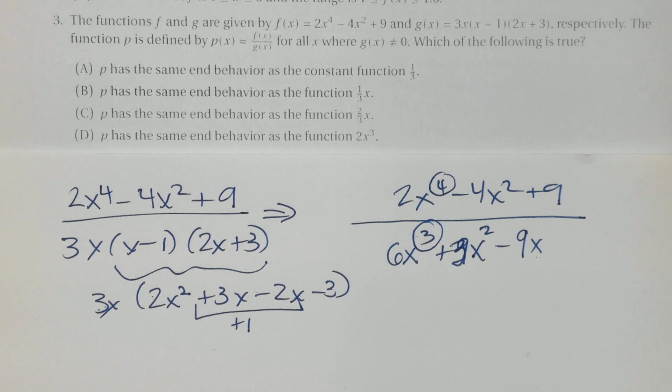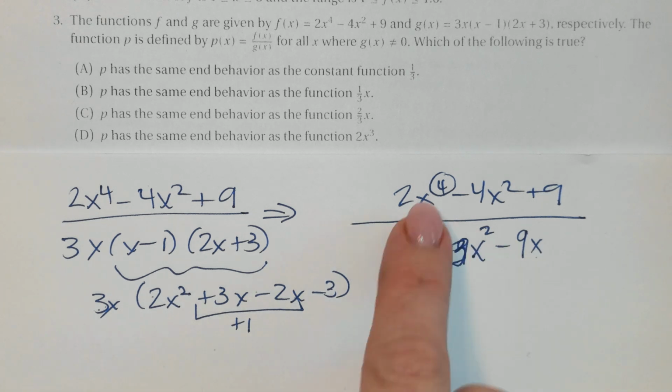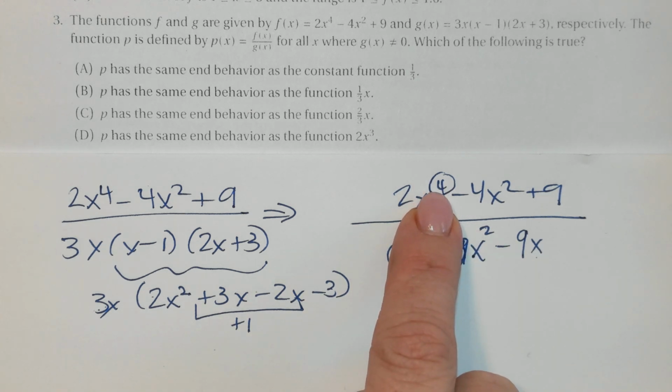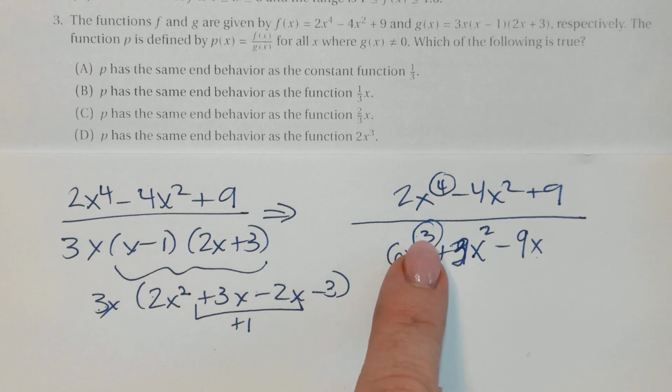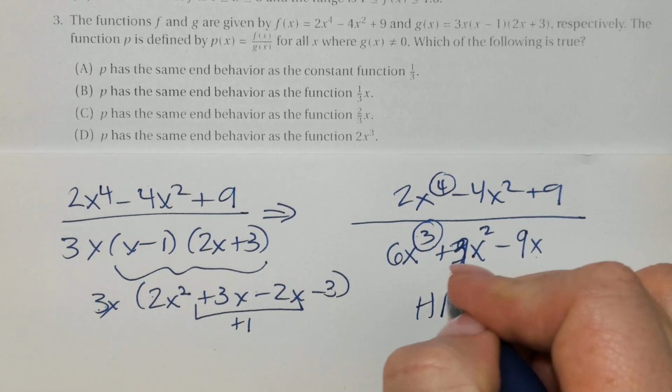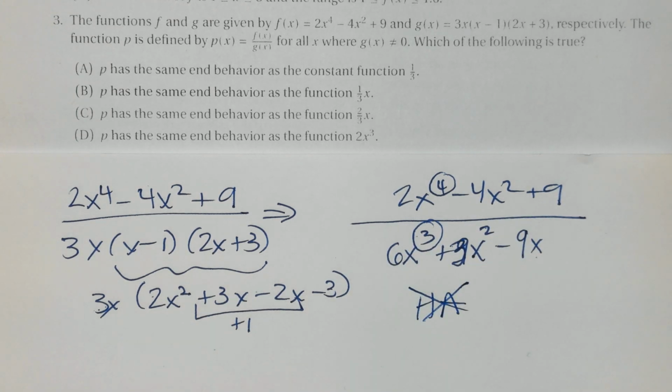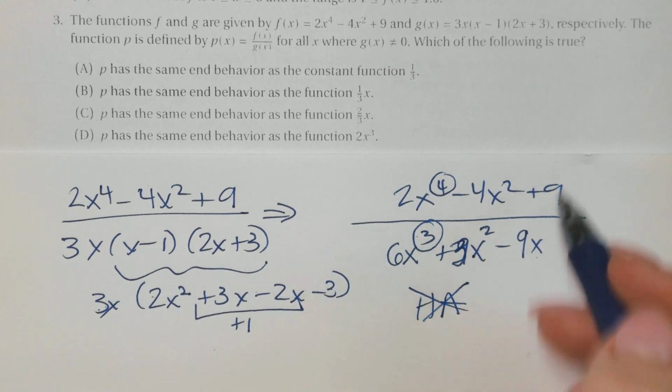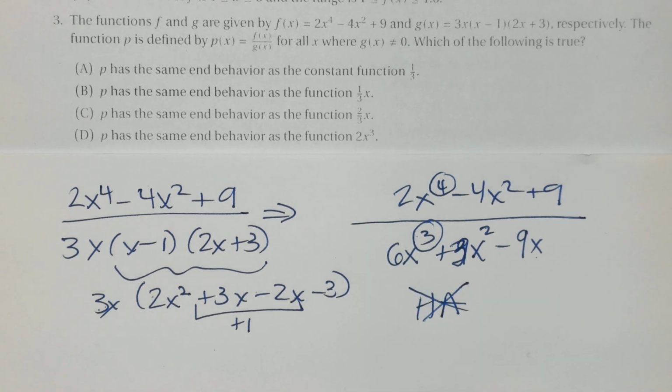That means the largest exponent on a variable in the numerator and the largest exponent on a variable in the denominator. In this case, we can see the numerator has a larger degree than the denominator. What that means is that no horizontal asymptote will exist, but there will be, in fact, a slant asymptote. So let me show you how we figure out the slant asymptote.